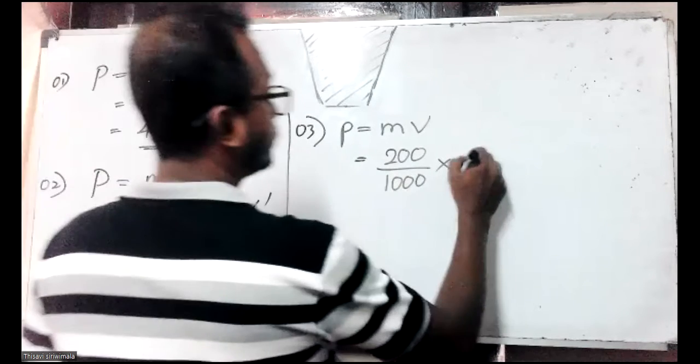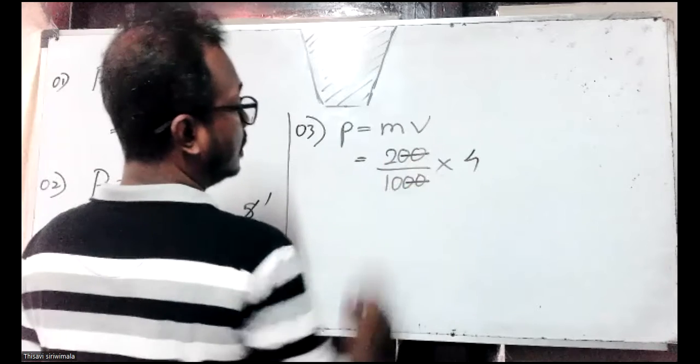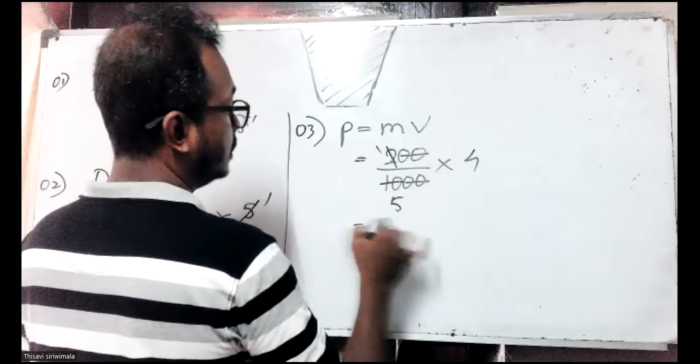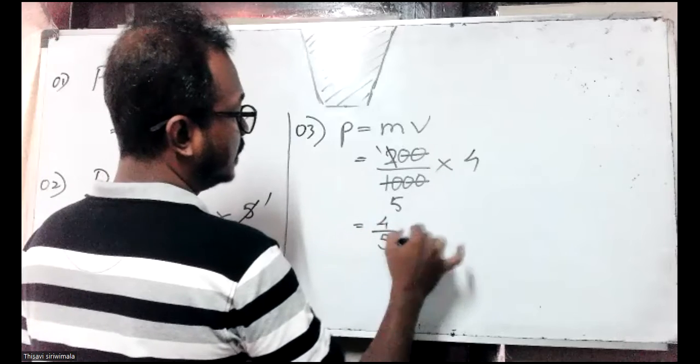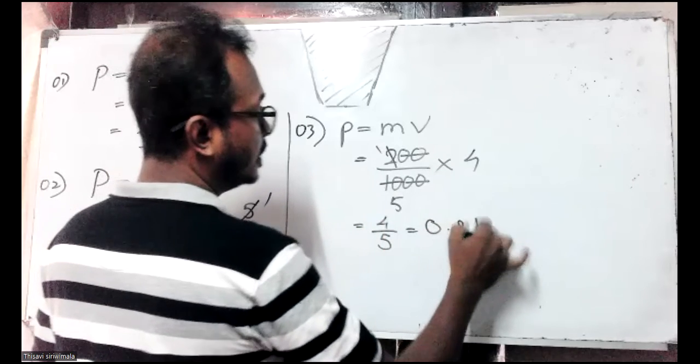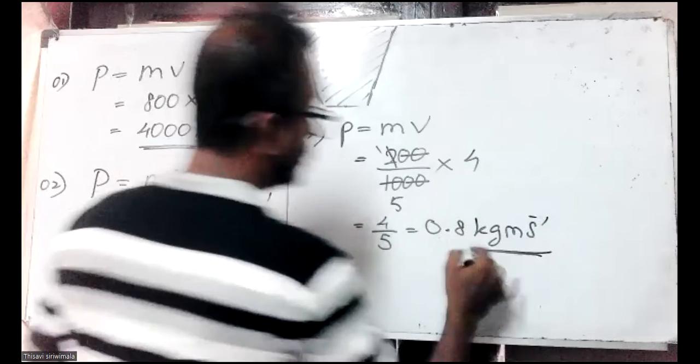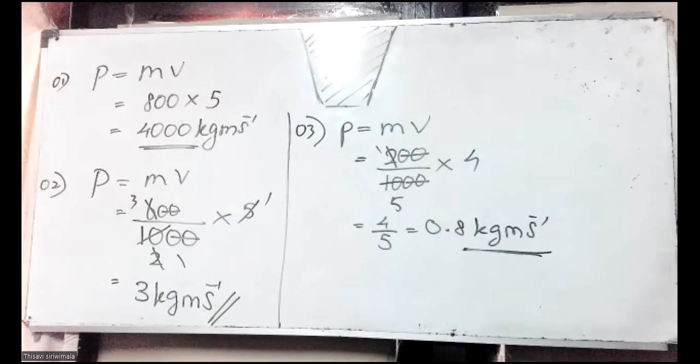The answer is 0.8 kgms minus 1. Check your answers.